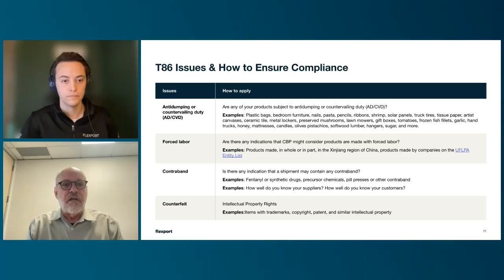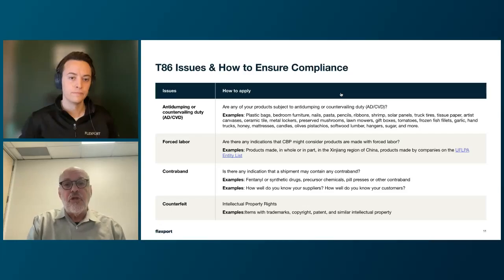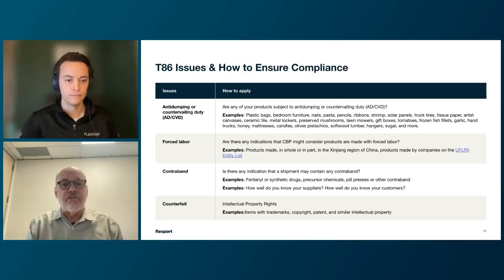We've seen a lot of issues where Customs is looking to crack down on products made with forced labor or products that might contain contraband. Now, Customs has actually given us some tools to help look for these types of products, so there are some tools we can use today to screen for potential violations.